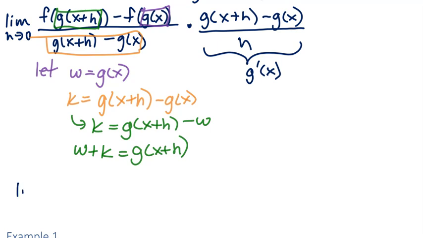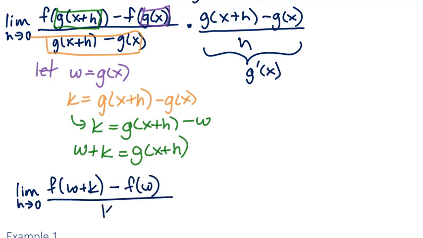So I'm down to the limit as h approaches 0 of f of w plus k minus f of w all over k. And then this is times g prime of x. And I want to notice one more thing.